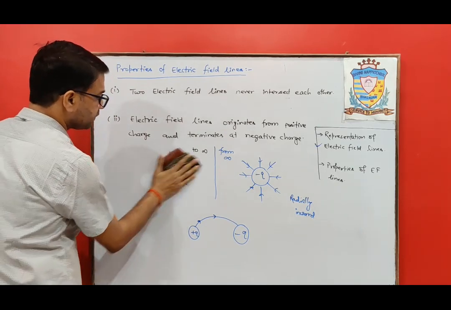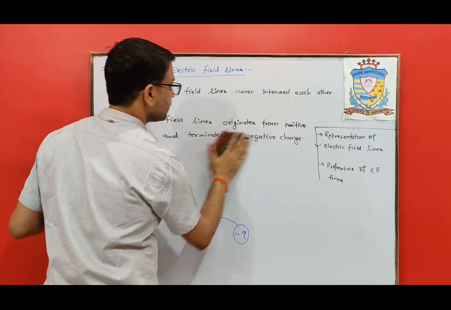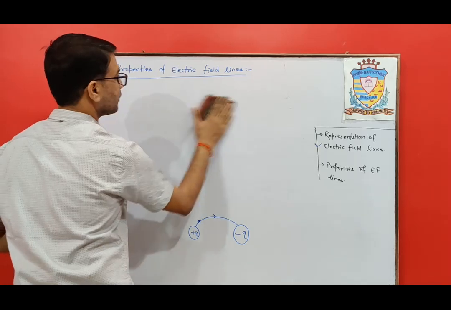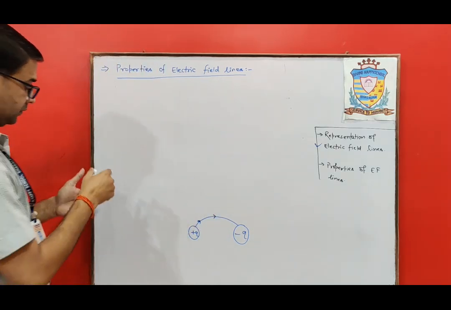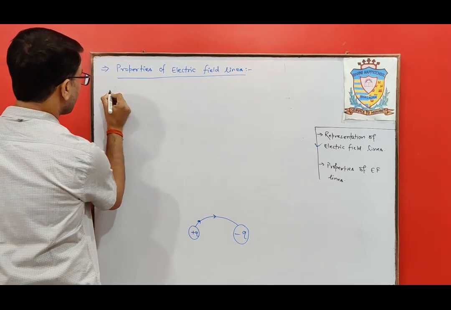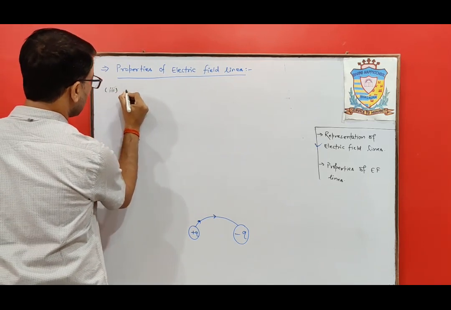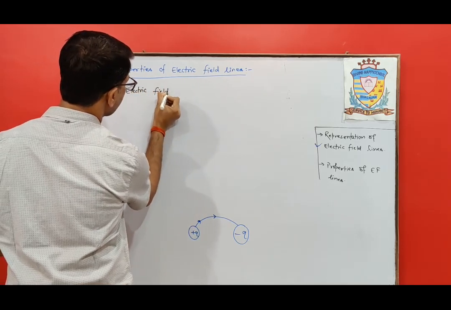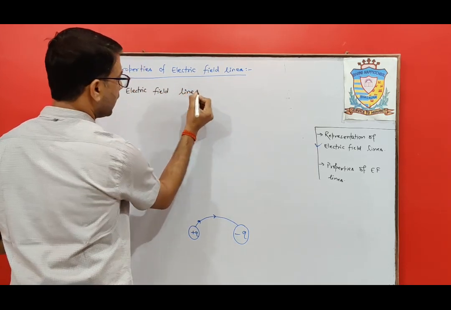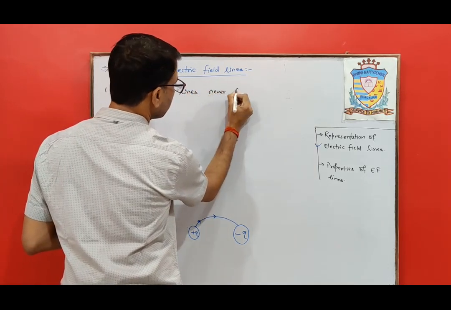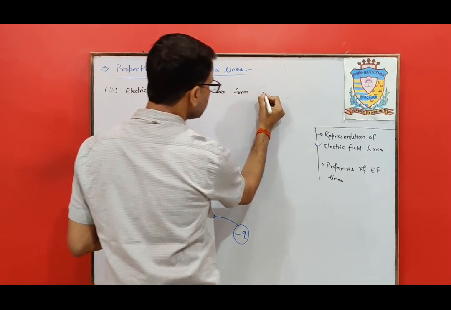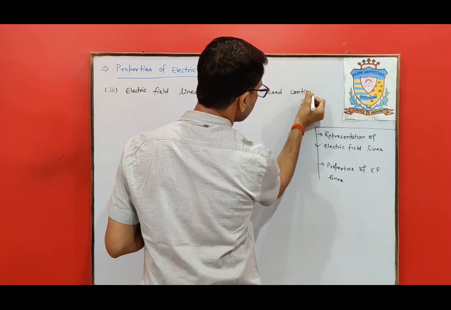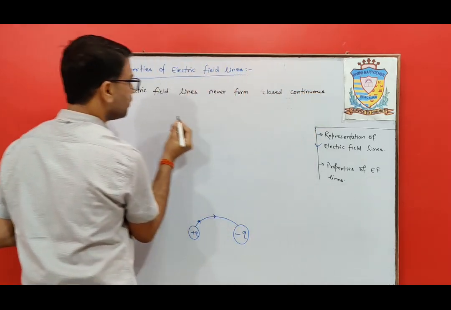Third is related to this one only. Electric field lines never form a closed continuous curve.